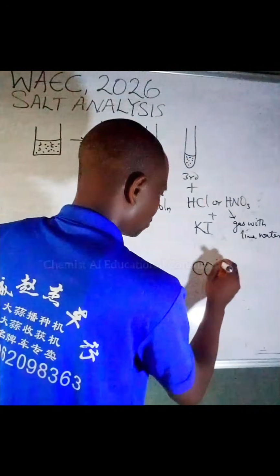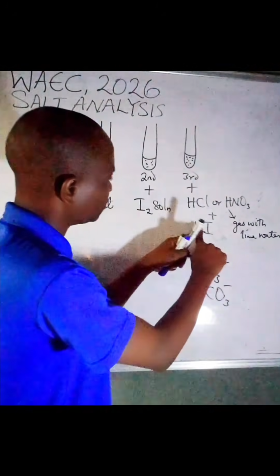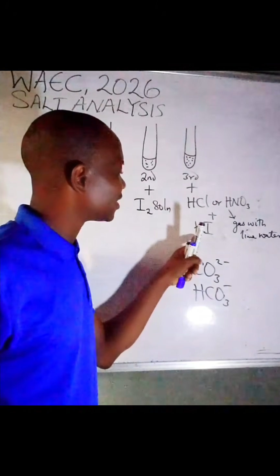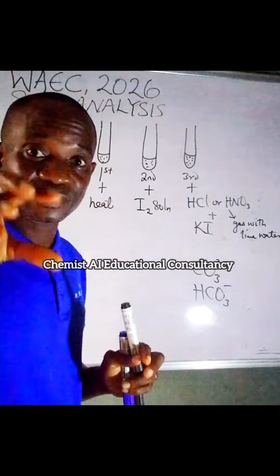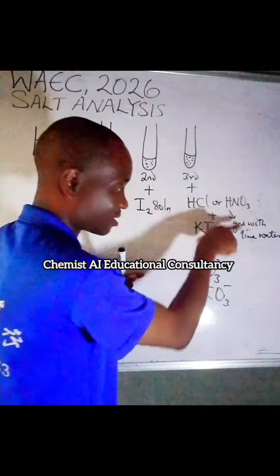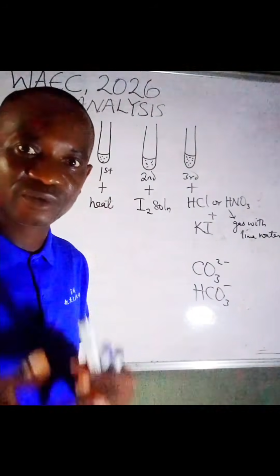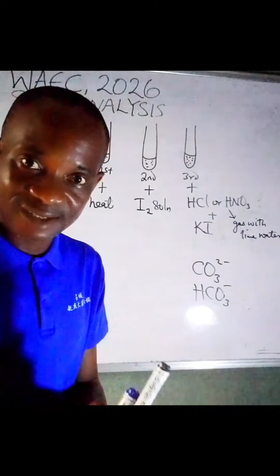Carbonate is CO3 2-. Hydrogen carbonate is HCO3 -. Then they ask you to add potassium iodide. You are using this potassium iodide to precipitate a possible metal. If there is any soluble metal there, the metal that dissolved in acid, potassium iodide helps to precipitate it out as an insoluble iodide. So when you add potassium iodide, a yellow precipitate will form.